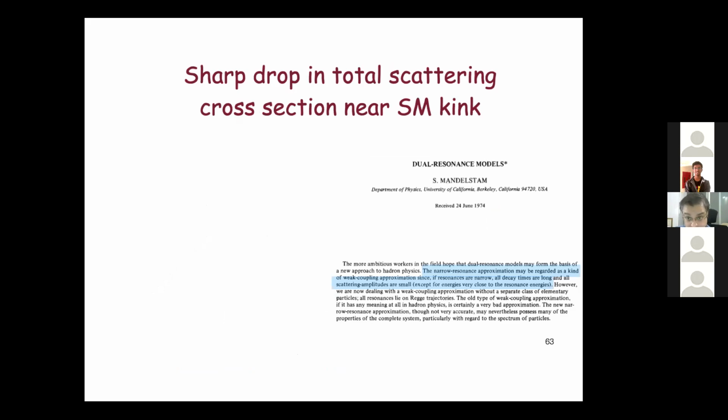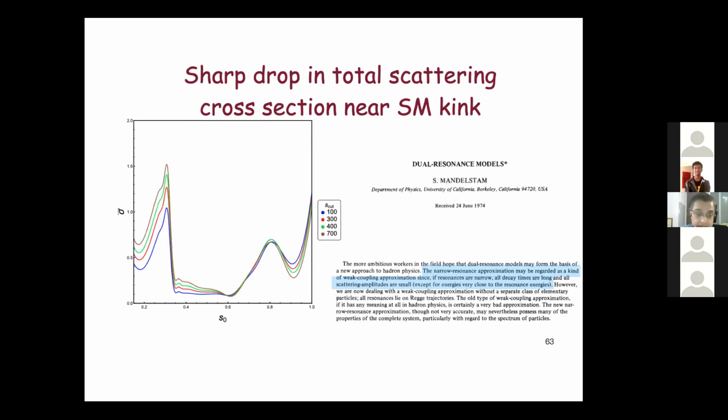What you will find is that near the standard model value, you have a sharp drop in the total scattering cross section. So I'm dialing the Adler zero, and then I'm plotting along the river what is happening to the total scattering cross section.